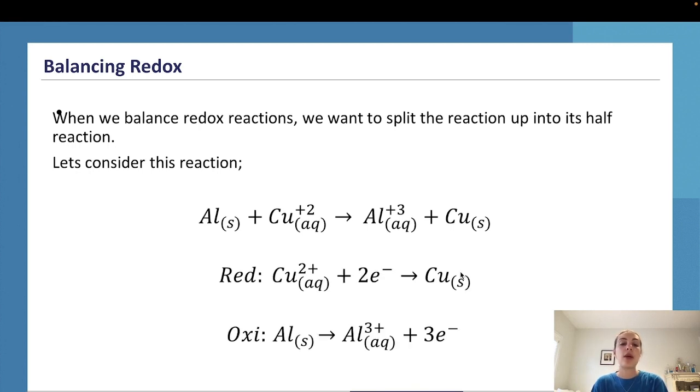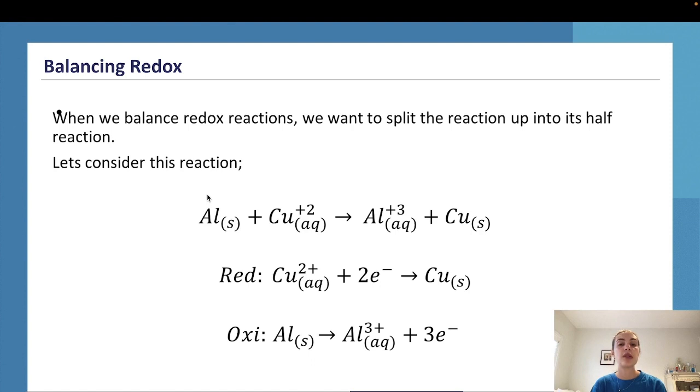Next, we need to look at what our oxidation reaction is. We've got aluminium, which has a charge of 0, so it's starting off with an oxidation number of 0. It's then forming aluminium 3+, which has a 3+ charge, and hence a +3 oxidation number.